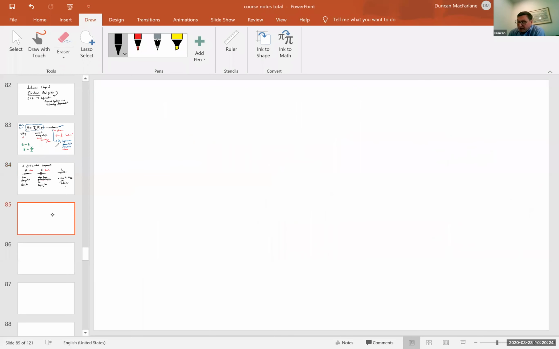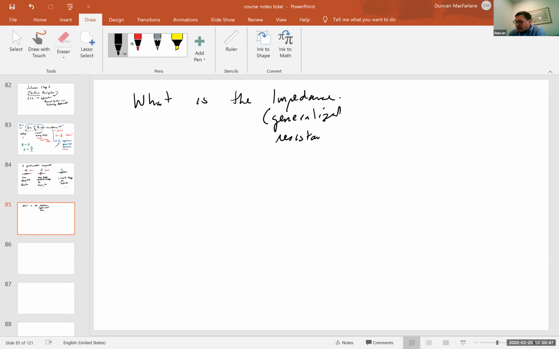So what is the impedance, and this is generalized resistance, of a capacitor?